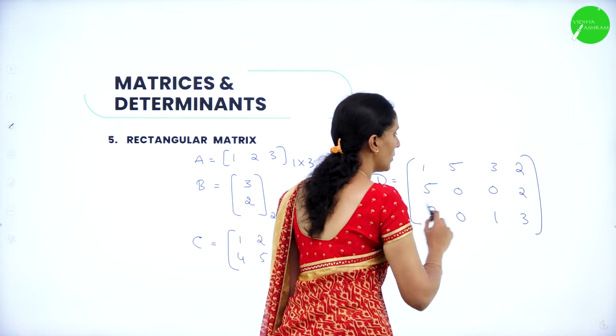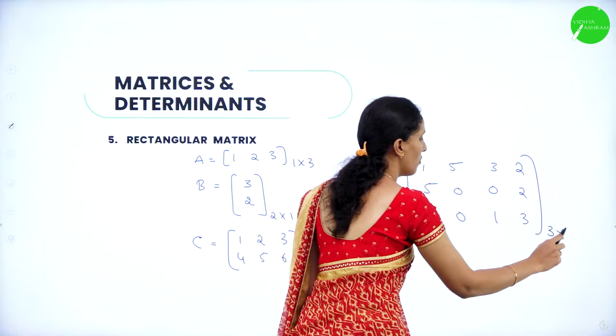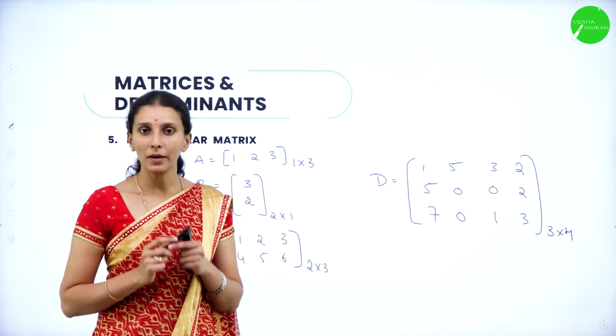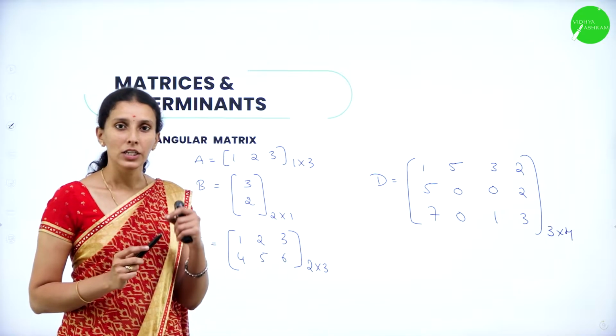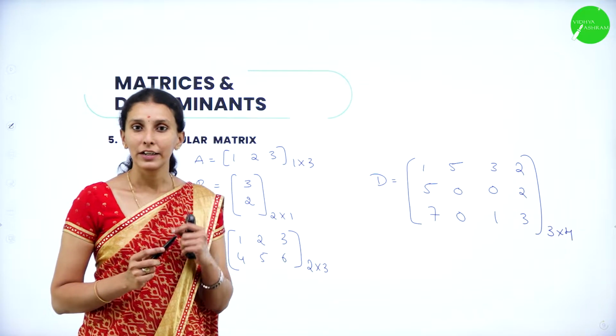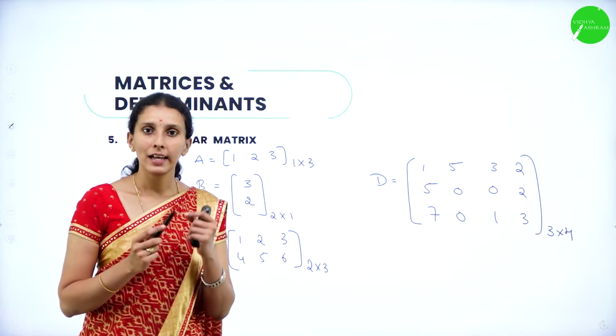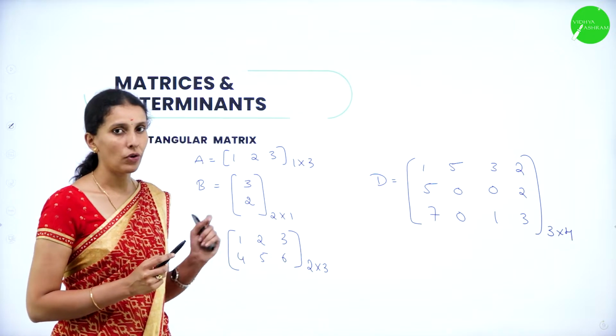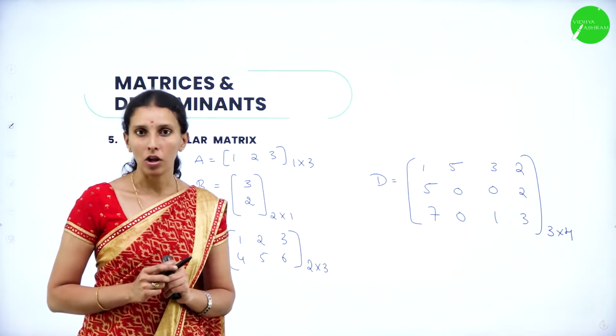So here you can see you have 3 rows and 4 columns. So these are all examples of a rectangular matrix. They will be having a different number of rows and a different number of columns. Again, the order of a rectangular matrix depends upon the number of rows as well as the number of columns.